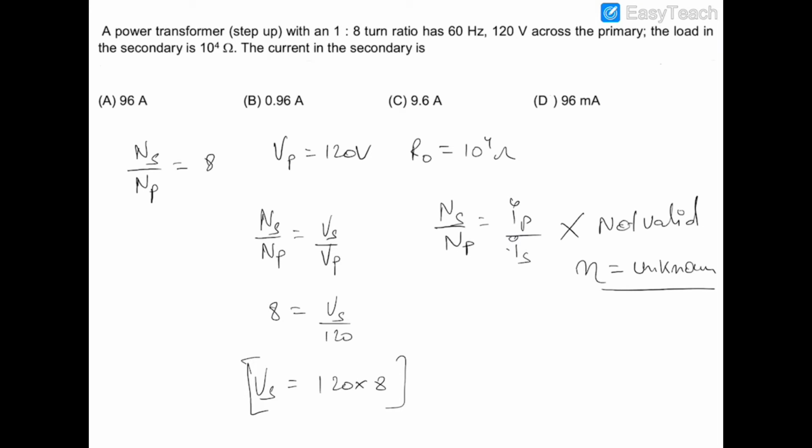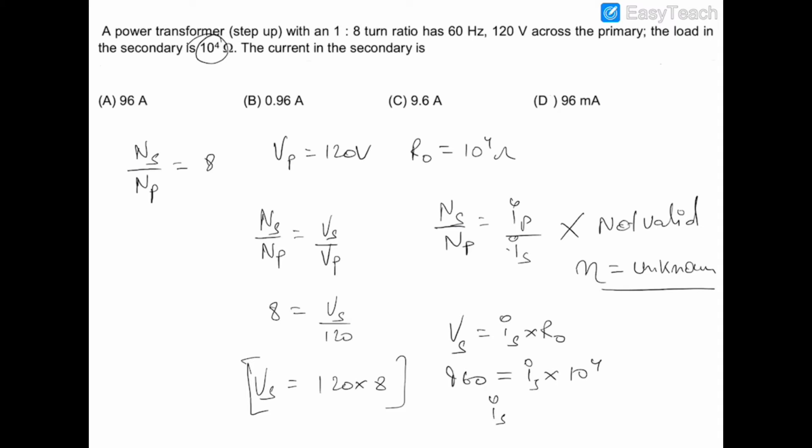So what should we do? We know the output voltage is this, and the output resistance is 10 to the power 4 ohms. Now we can say that V out is equal to Vs, which is equal to Is into R output, and Vs is 960 volts, Is we need to calculate, and R output is 10,000.